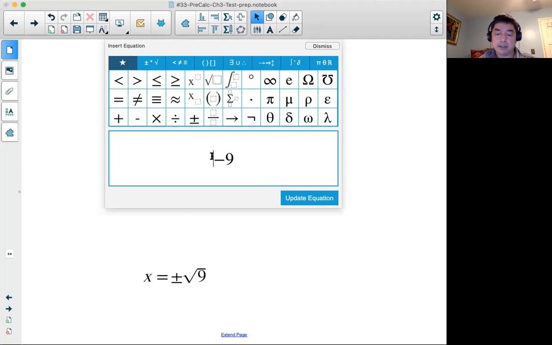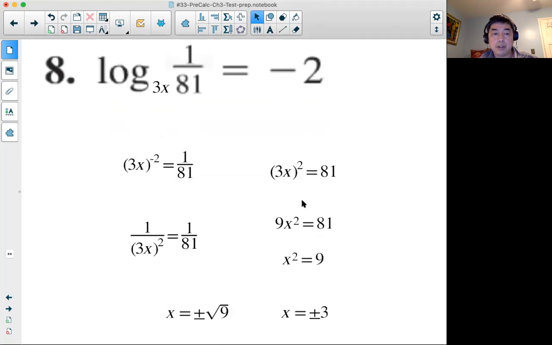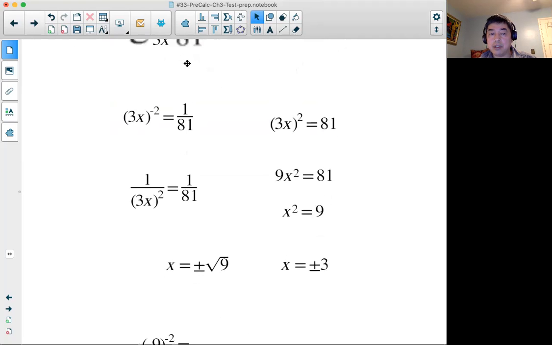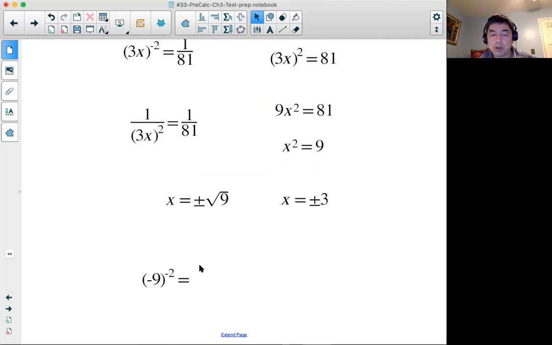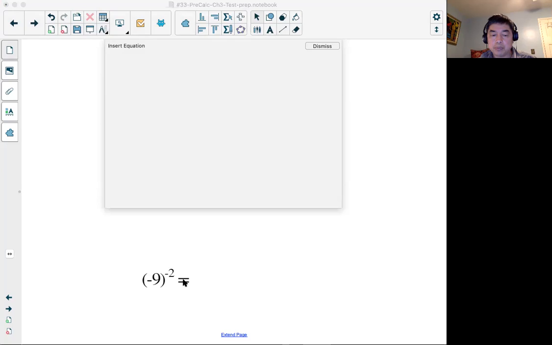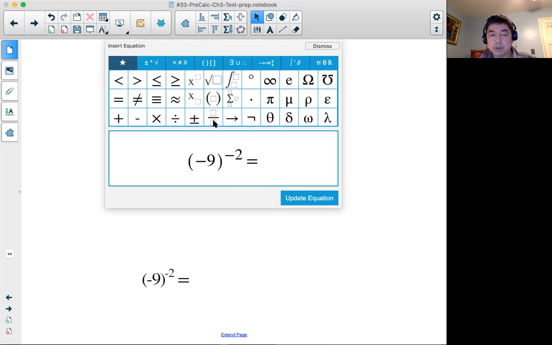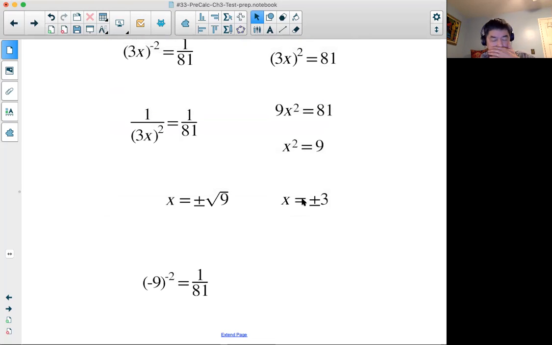The base is negative 9. Put the parentheses, and negative second power. Negative 9 to the negative second power is equal to 1 over 81. Okay? So you have to include the negative. All right, so I will pause the video here and I will continue in the second video.